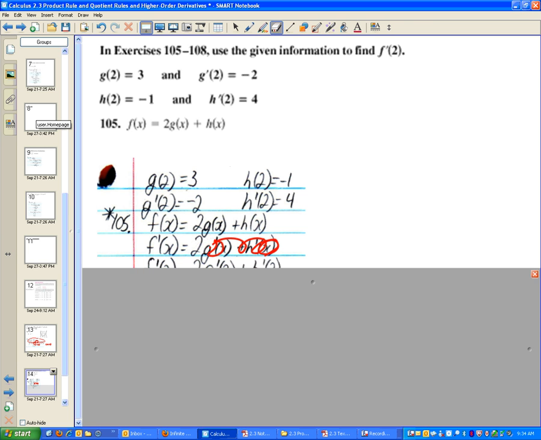It'll be 2 times whatever the derivative of g of x is. And what can we call the derivative of g of x? G prime of x. Plus, and then what can we call the derivative of h of x? H prime of x.